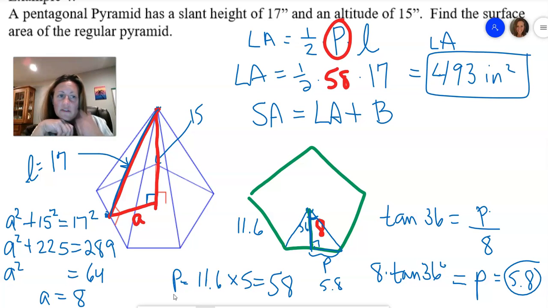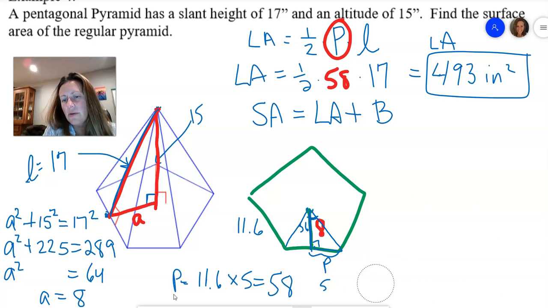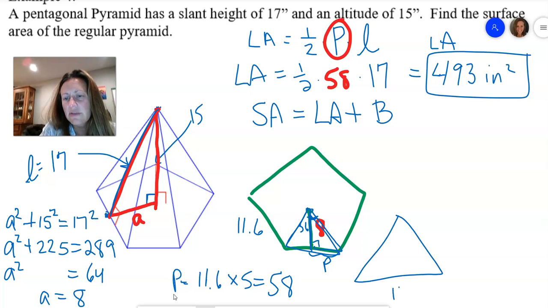And the area of this base, once again, it's a pentagon. So I'm going to make a little room here by erasing my trigonometry. I know now that each side of this pentagon is 11.6. So I'm going to blow up this triangle. Okay. It's 11.6 there. And this up the middle, which would be the height of this triangle, is 8.